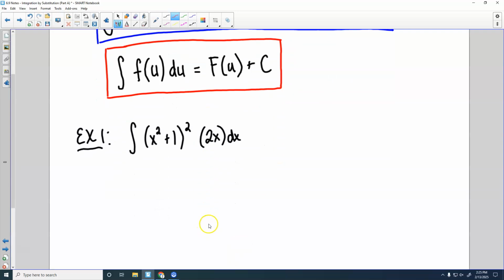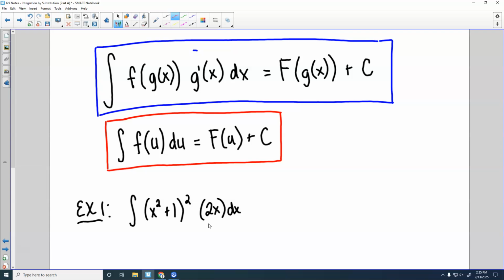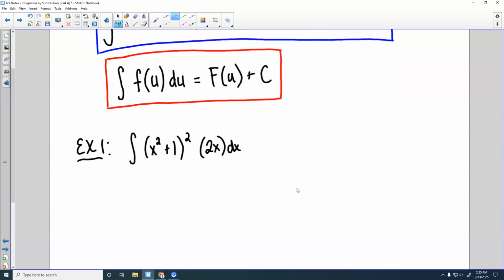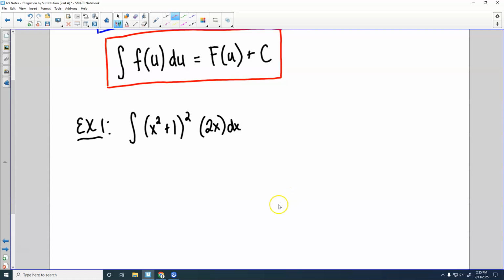So this is called integration by substitution, or a lot of times I just call it U substitution because we typically use the letter U, although you could use a different letter if you prefer. If the F of U offends you in some way, you can use a different letter if you would like.